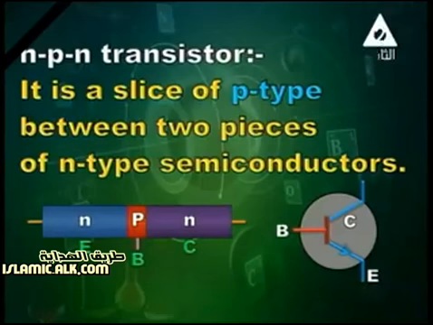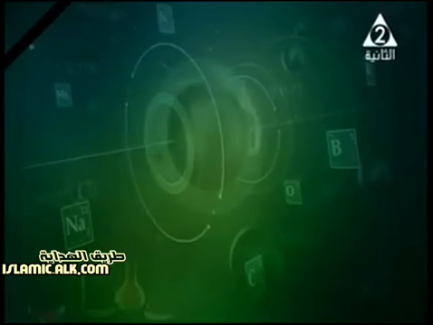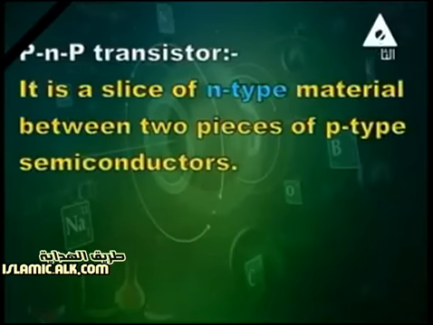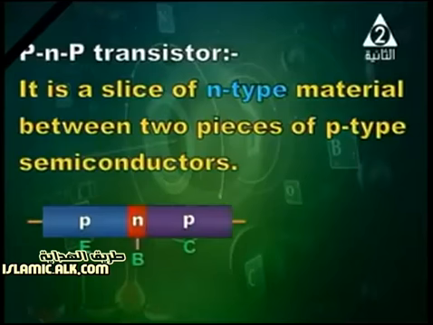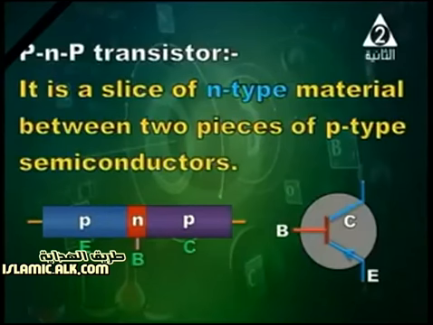This is the first type of the bipolar junction transistors. The second type is PNP transistor, and it is a slice of N-type material between two pieces of P-type semiconductors. And what about its symbol? Note the direction of the arrow is reversed.